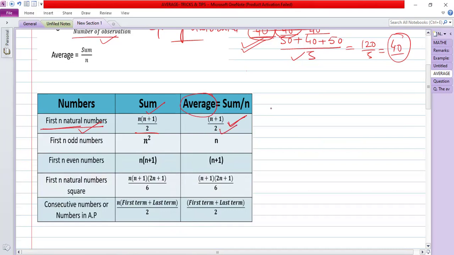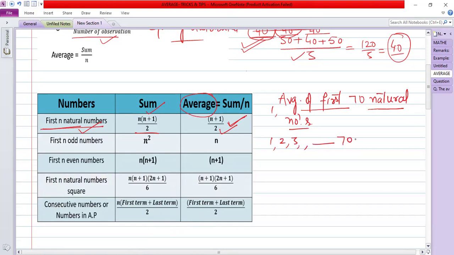If someone asks what is the average of the first 70 natural numbers, that means 1, 2, 3, going up to 70. The sum of the first 70 natural numbers is given by 70 into 71 by 2, because n here is 70. So it is n into n plus 1 divided by 2. This is the sum.